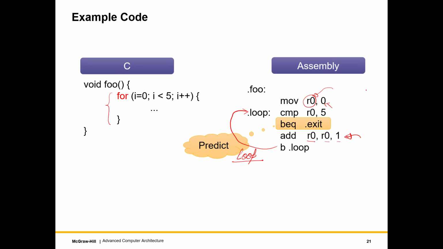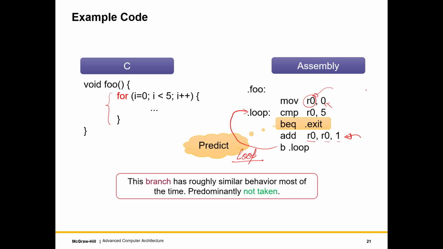So we see that we have one conditional branch which is BEQ, and this needs to be predicted. So the branch, if we look at it, it has roughly similar behavior most of the time. So most of the time it is not taken, because the condition that makes it taken does not happen.